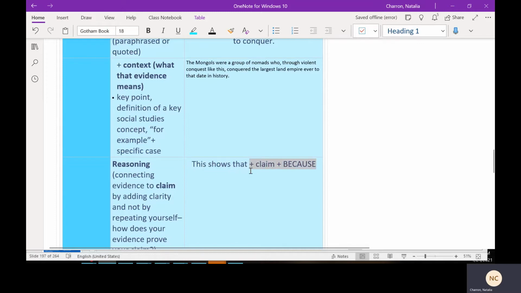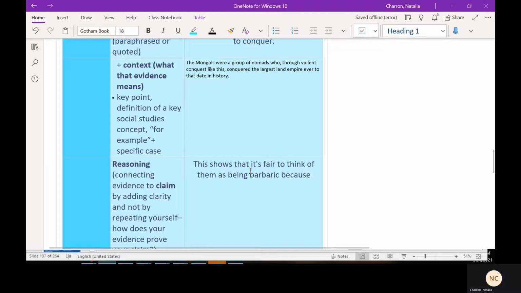This shows that it's fair to think of them as being barbaric because, how do I connect this evidence to the word barbaric? Well, I can talk about what the word barbaric means and how this qualifies. That's probably the easiest way to go.